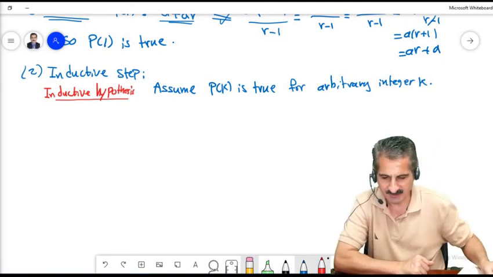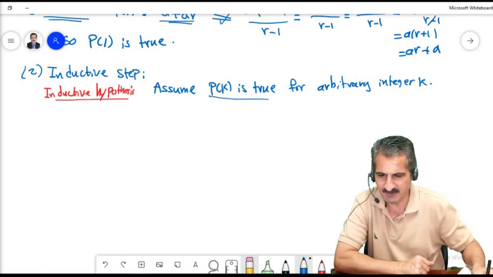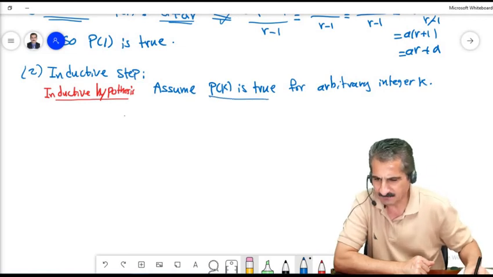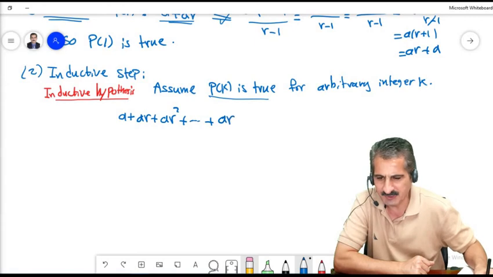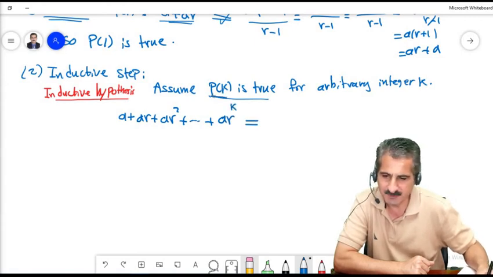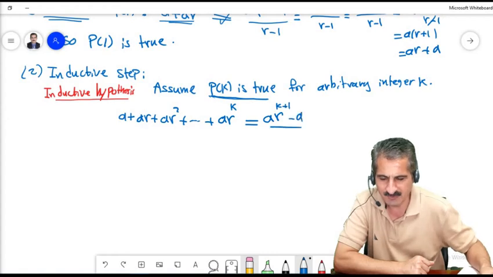But let's write what that means. P of k is true. That means if we add a, ar, a times r squared, and then we keep going till we reach a times r to the power k, then P of k says this is the same as a times r to the power k plus 1 minus a over r minus 1.